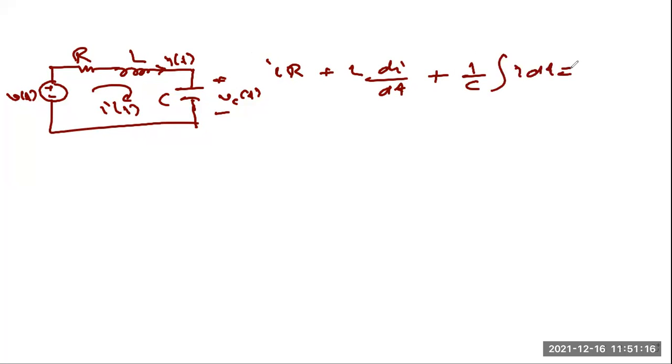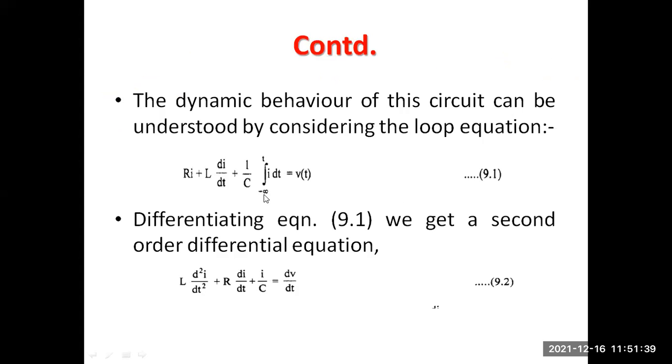These are very simple things. For an electrical engineer, you have to know this, a very basic thing which you should be able to solve quickly. So this is the equation, and the integration limit is from minus infinity to t.